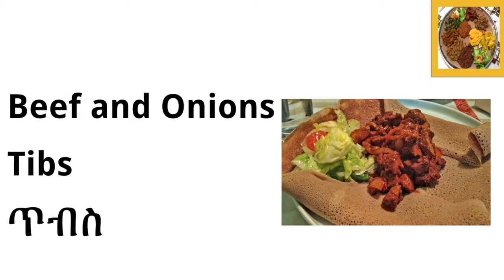So it all really depends on the chef, but at its base, it's just beef and onions cooked with Ethiopian butter and other spices. And so that's tibs. Whenever I go to an Ethiopian restaurant with someone who's not Ethiopian and they want to know what to order, the safest bet, something that they will like for sure, assuming that they eat meat, is tibs.